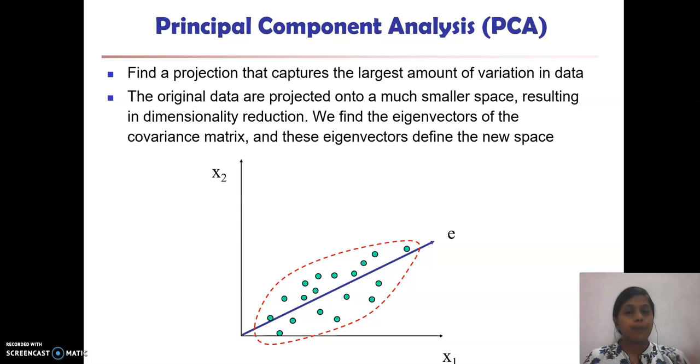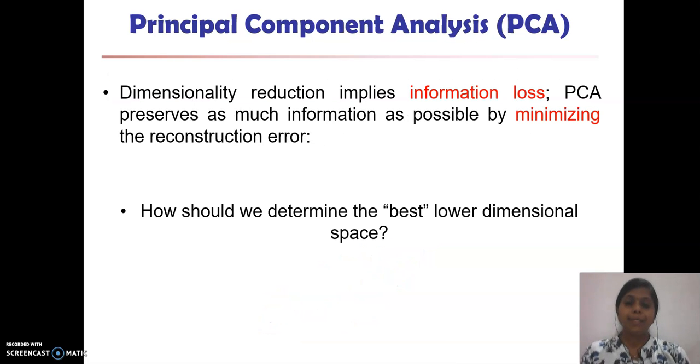To perform this, we are going to find the eigenvectors of the covariance matrix, and these eigenvectors define the new space. How to do it, we'll see. Dimensionality reduction implies information loss, but PCA preserves as much information as possible by minimizing the reconstruction error.